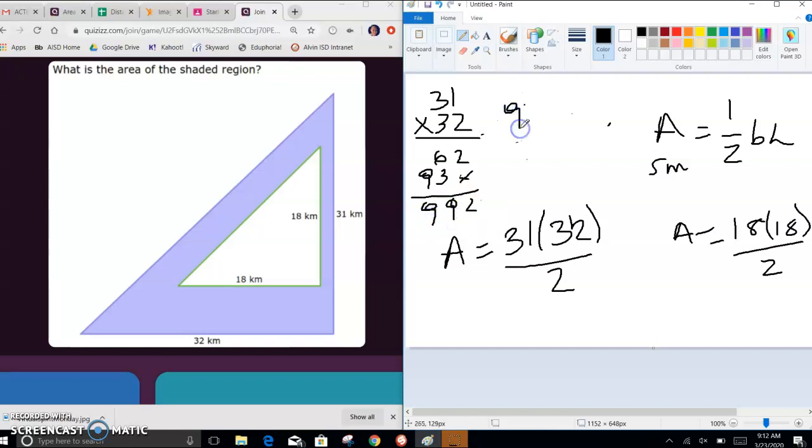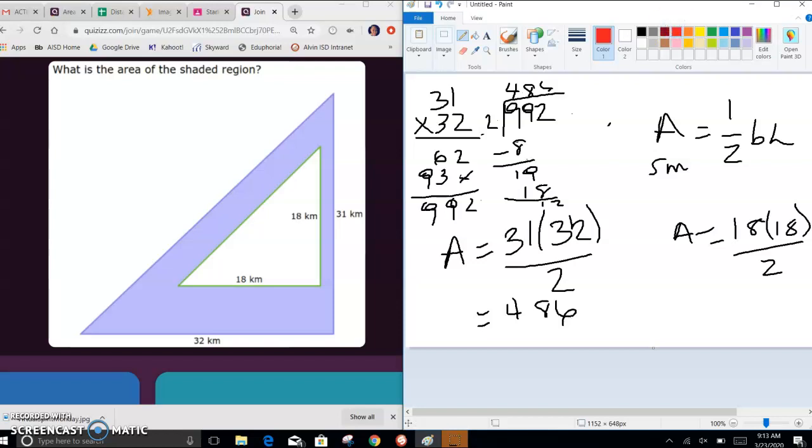Then I'm going to cut 992 in half. 2 into 9 is 4, remainder 1. 2 into 19 is 9, remainder 1. 2 into 12 is 6. So this is 496.